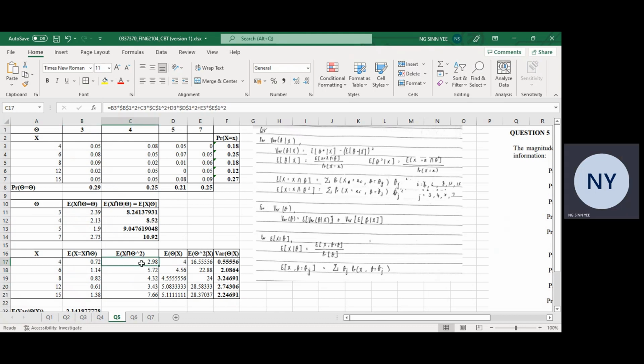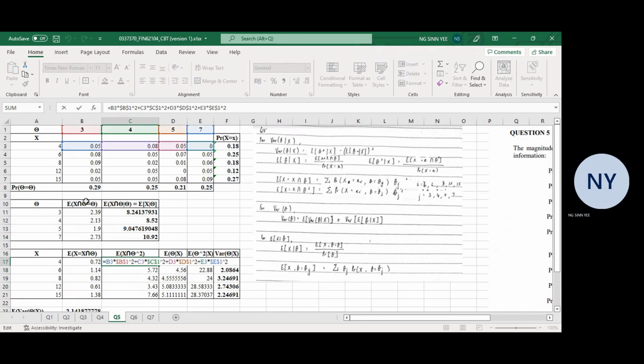And for the data square, the joint expected value of x equals to x and data square is just the same process. We just square the data value and multiply it with the joint probability of x equals to x.